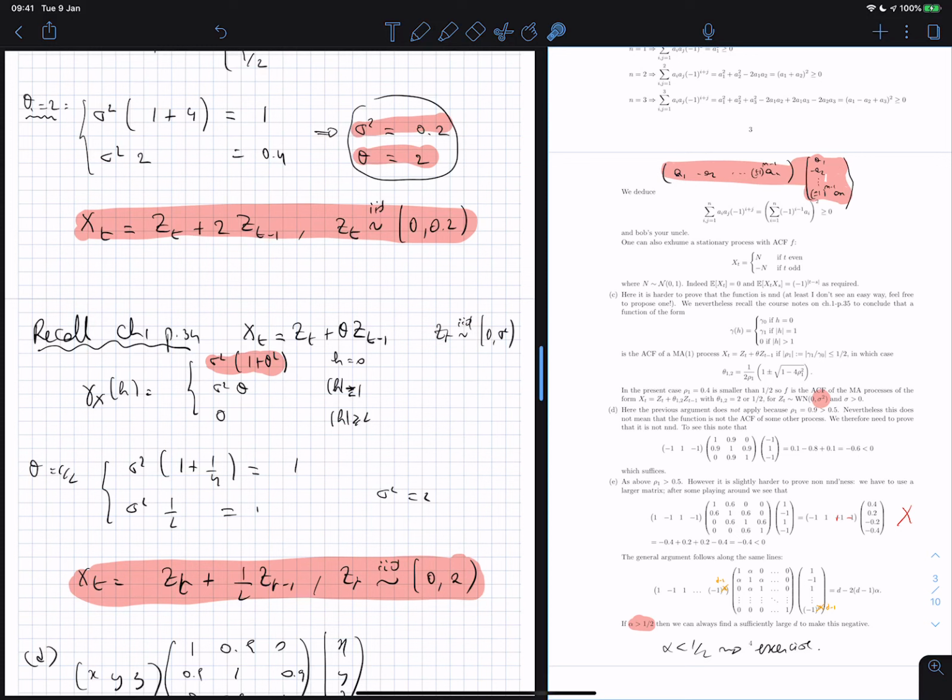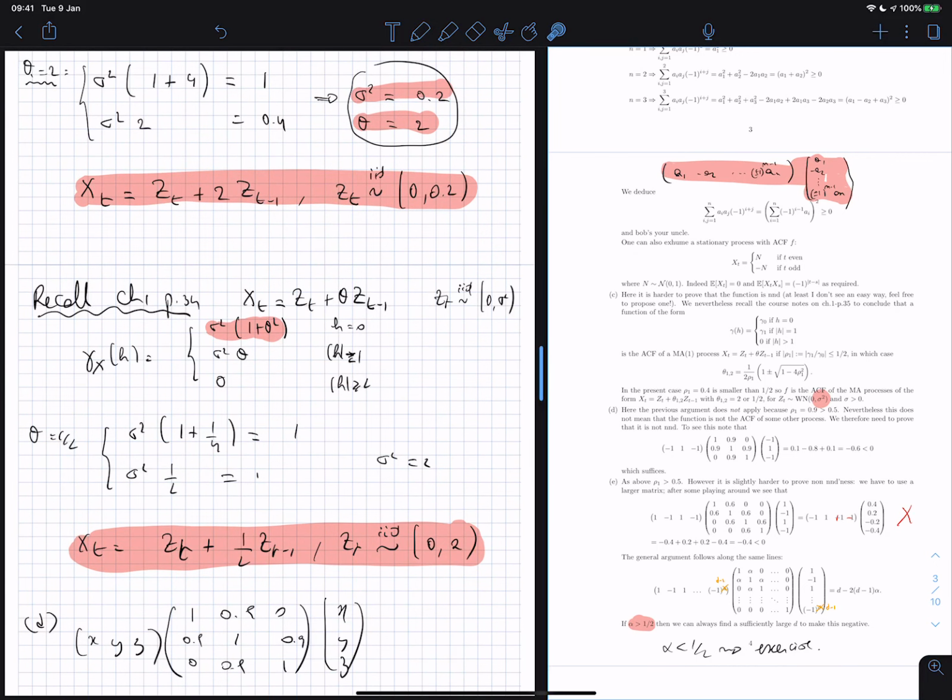Maybe I'll compute this in Mathematica. I don't know if the first one is 2 because... yes, sorry, never mind. It was rho 1 squared. If anybody tried it out, please give us a shout. Yeah, so it is 2 and 1/2.